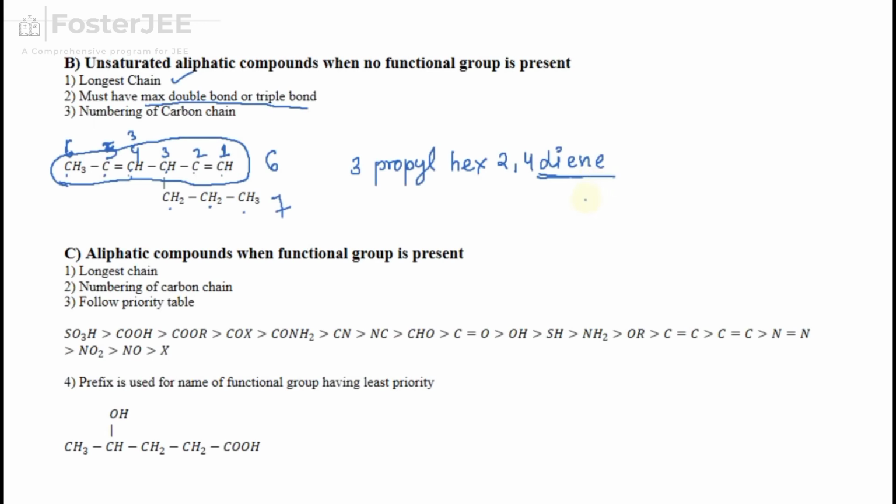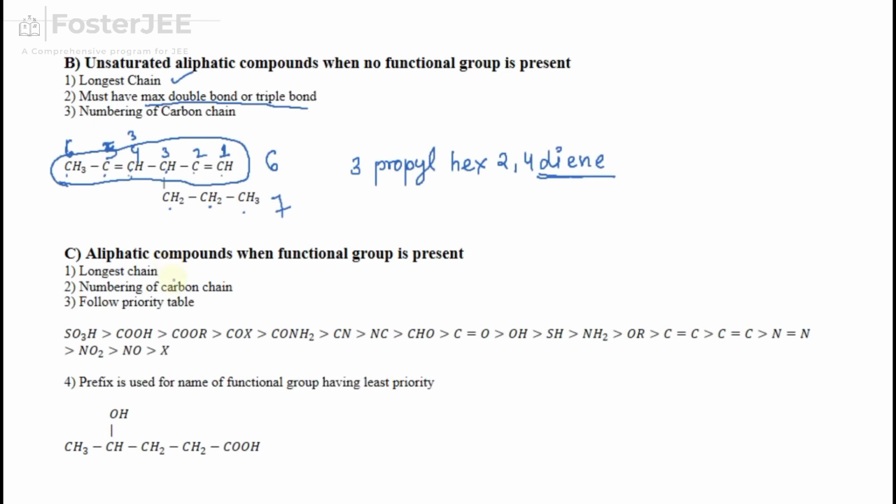Now move to the next category, that is the naming of aliphatic compounds when a functional group is present in the compound. Now the first rule is finding the longest chain. So first we will find the longest carbon chain which includes all the functional groups.